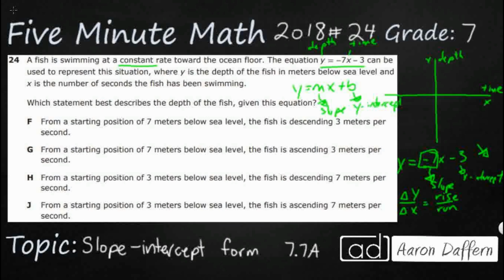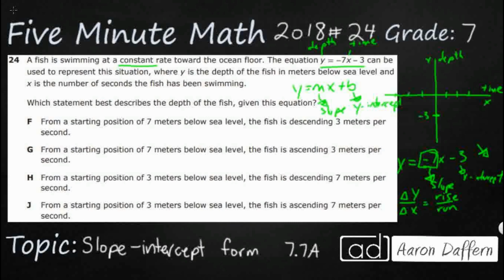Let's say our negative 3 is right here. So our line is going to cross the y-axis right here, and let's say we've got every second right here. You see we're going to have a pretty steep slope.